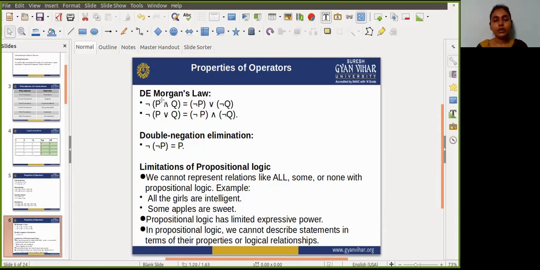Okay, so this is De Morgan's law. Okay, so if you make the LHS truth table and the RHS truth table, they are both equivalent to each other. So this is De Morgan's law.